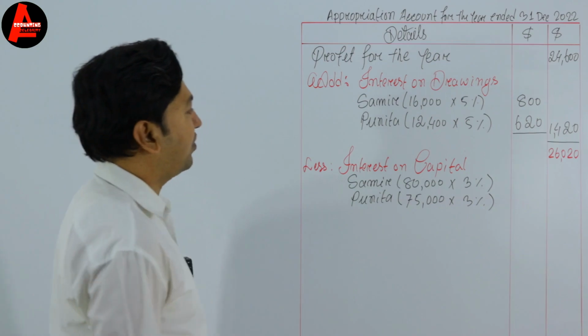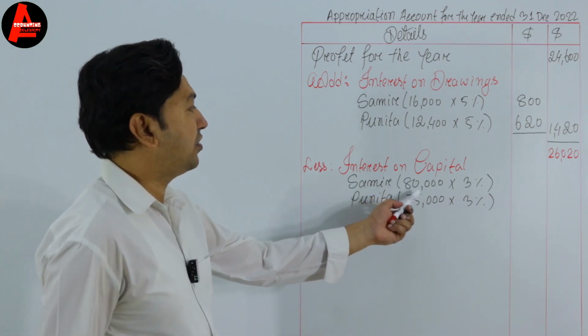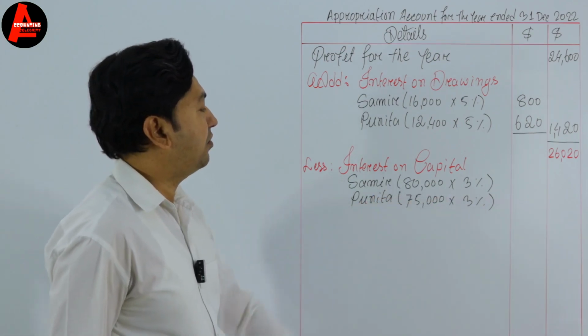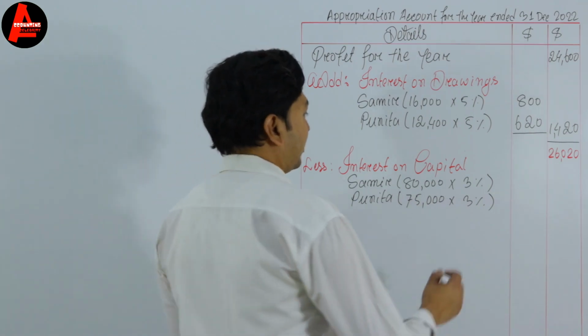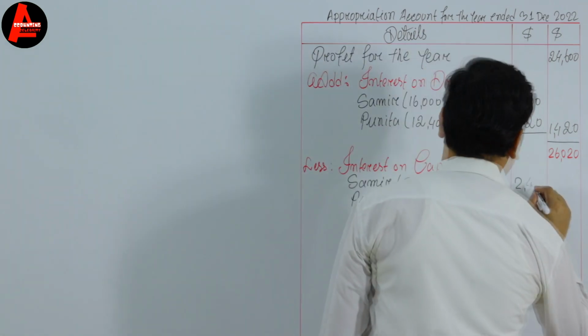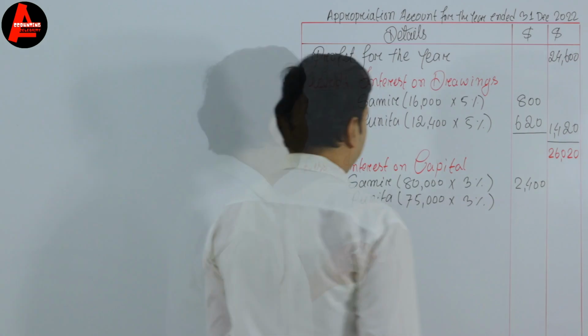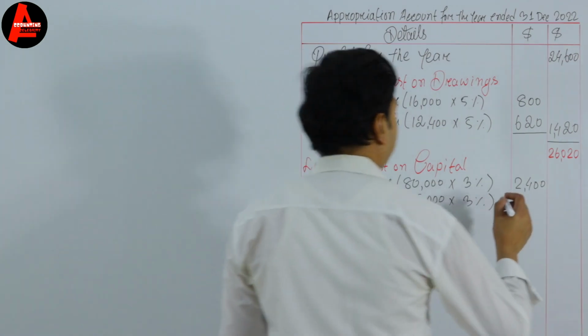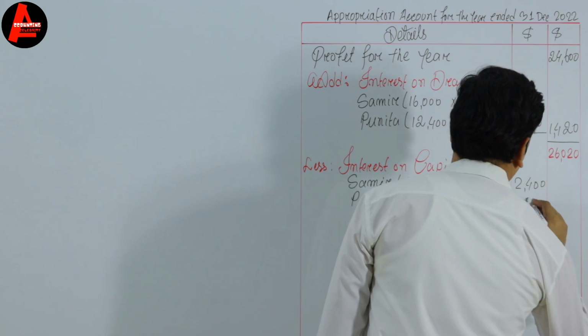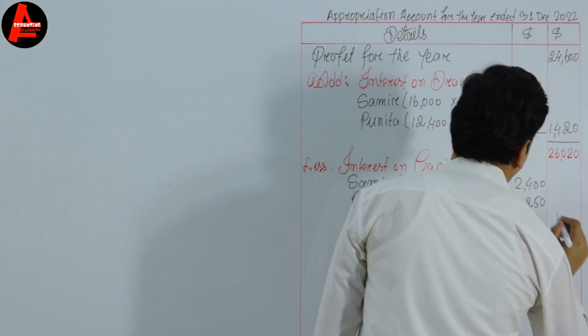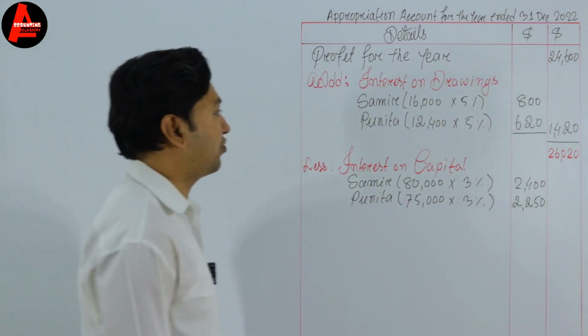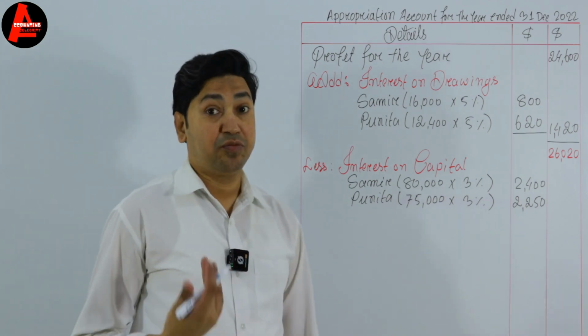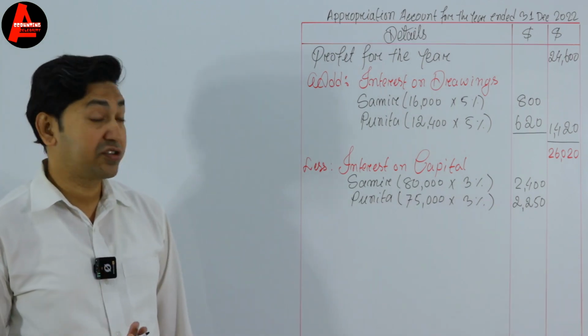Now if you calculate $80,000 times 3%, we get here $2,400. Okay, for Punita, if you multiply 3% on this amount, we get here $2,250. Okay, great.